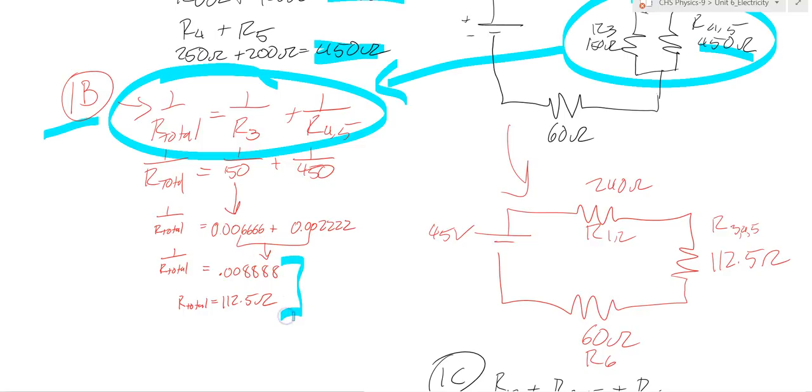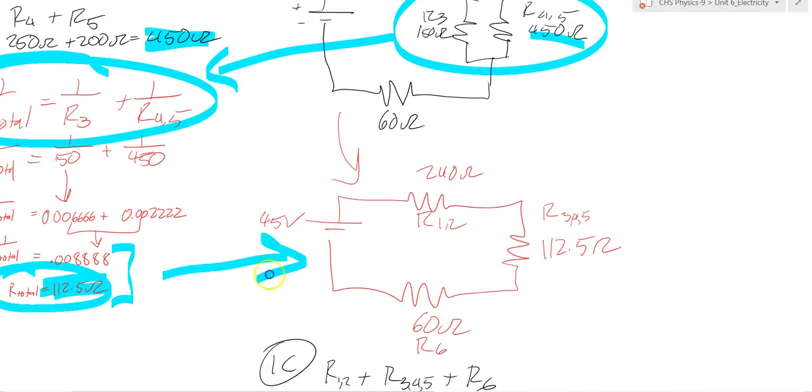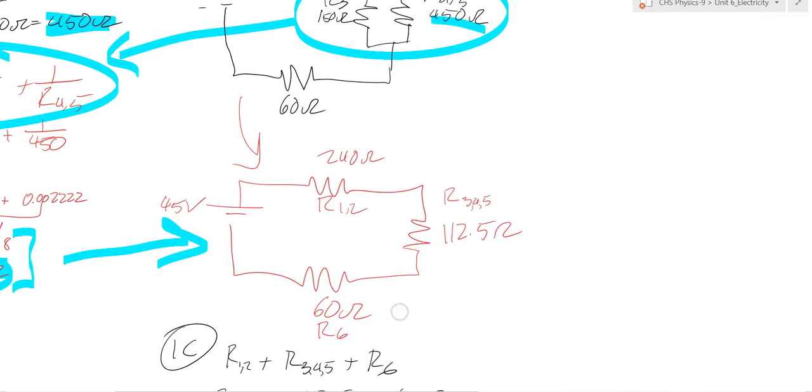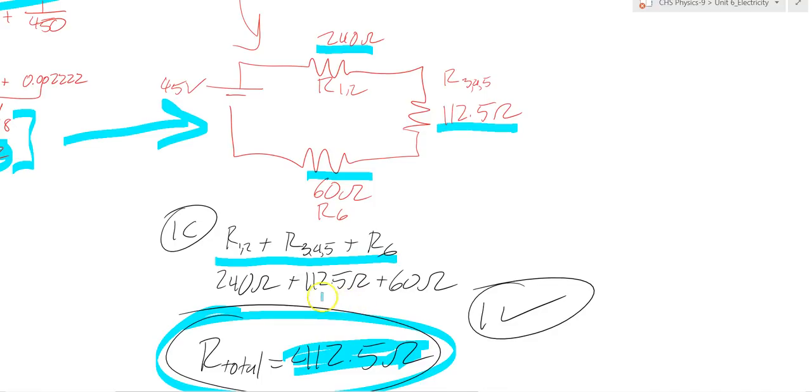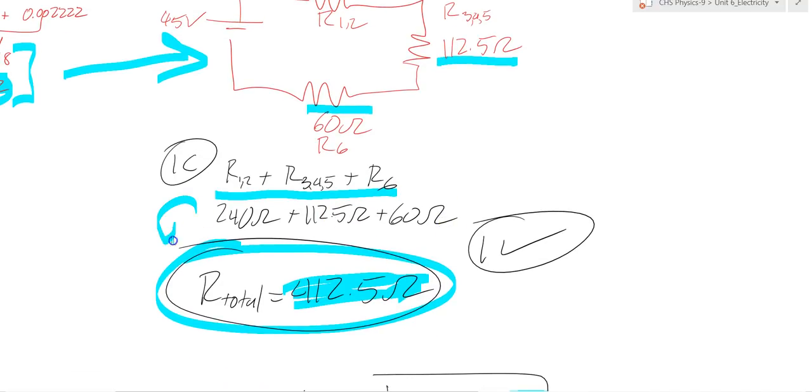Otherwise, you can do the algebra that I showed you. But you get 112.5 for that total resistance. And then you come over here and you redraw the circuit as this. They're all in series. So then we can just add them up. And that's how we got our total resistance of 412.5.